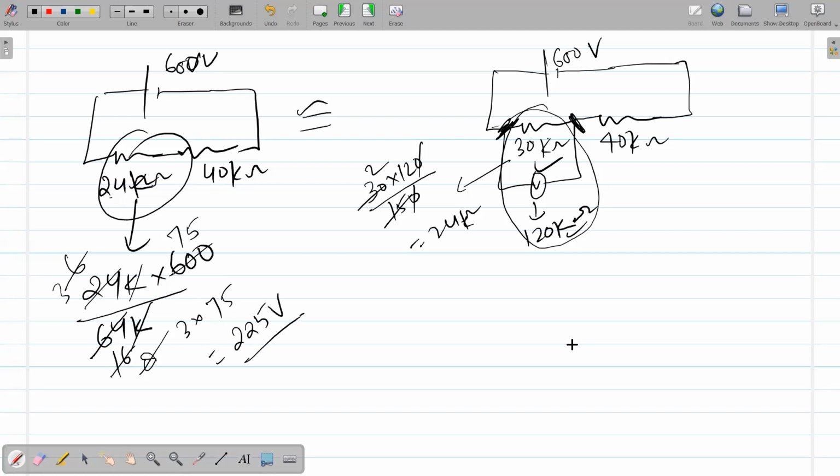Students, let me give you the basic idea behind solving such types of problems. The basic idea is, just consider the resistance of the instrument, whether it is an ammeter or a voltmeter. Obviously an ammeter is connected in series, so we consider the resistance of the ammeter also in series, and a voltmeter is connected in parallel, so we consider the voltmeter resistance in parallel.